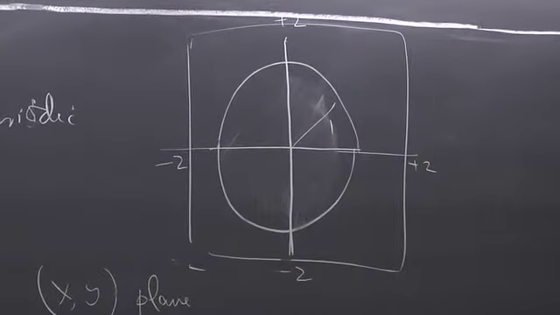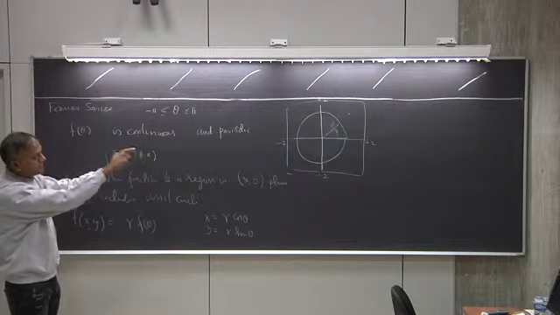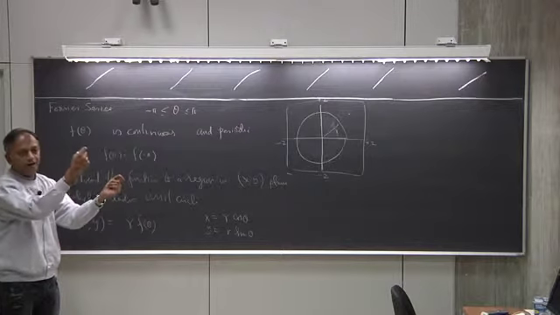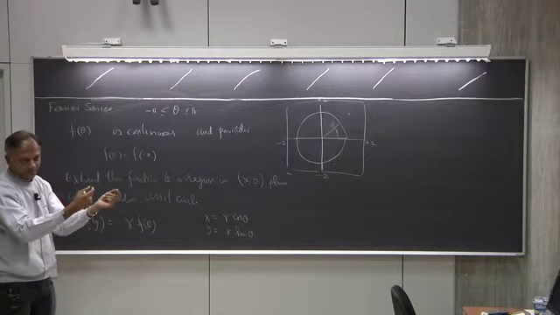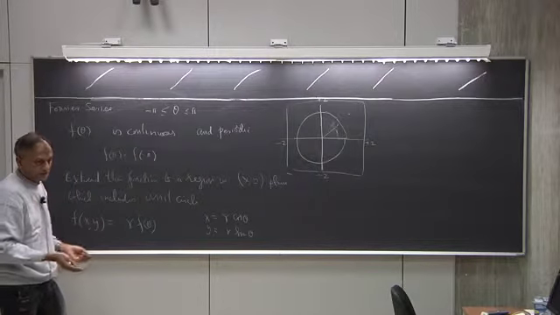But x is the same as r cosine theta. What does it mean, f of xy? I define a function. It means for every point in this box, I define a number, some either real or complex number, whatever your case is.